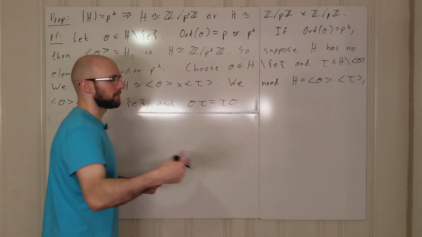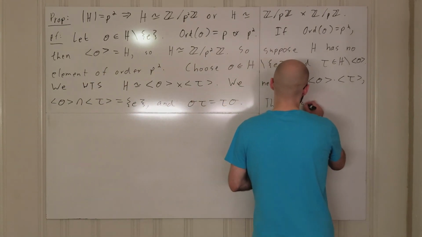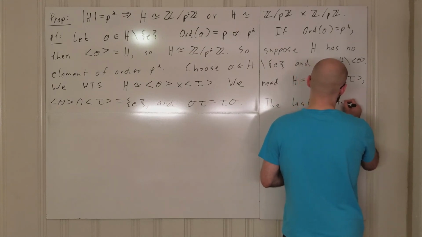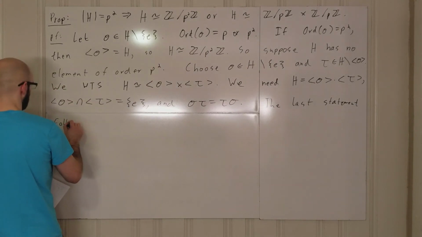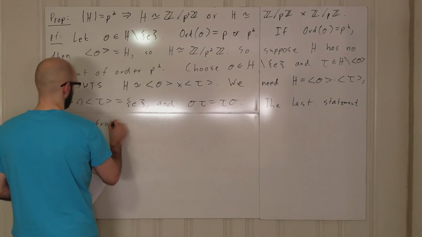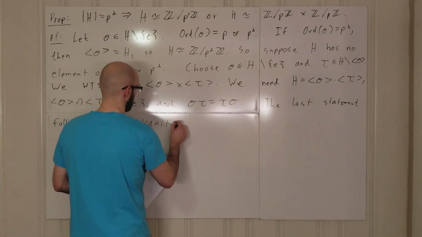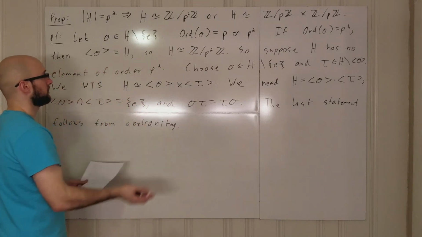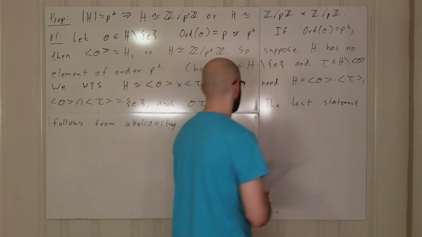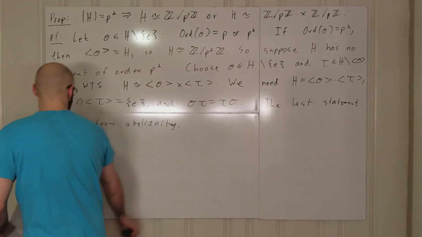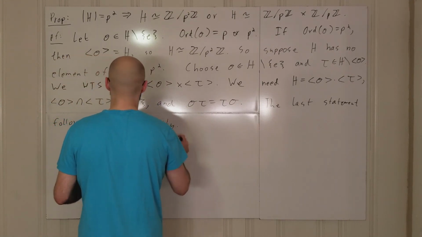The last statement follows from abelianity, which I'm sure is not a word, but whatever. H is an abelian group, right? Yeah, we proved that last time. So that's obvious, and we need the other stuff.